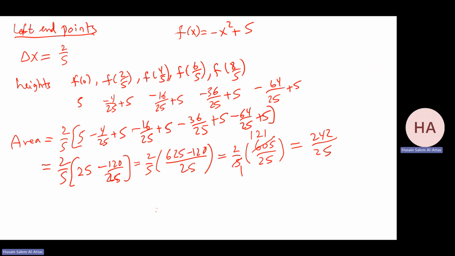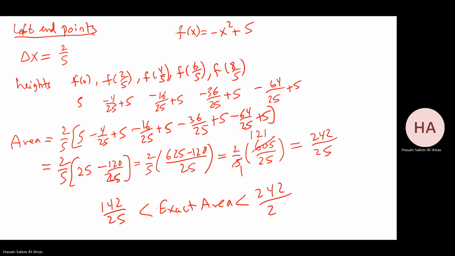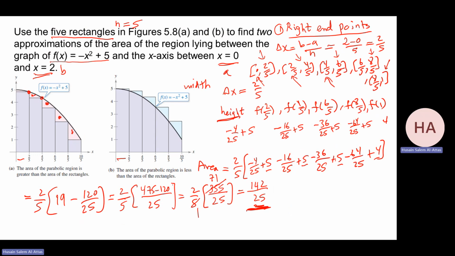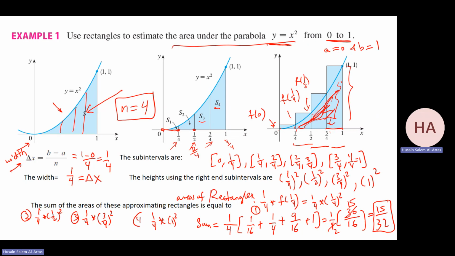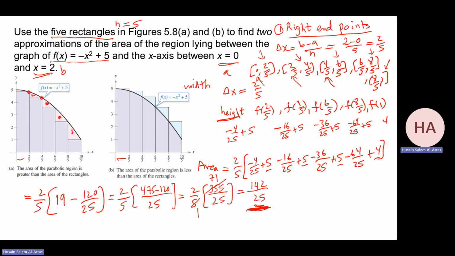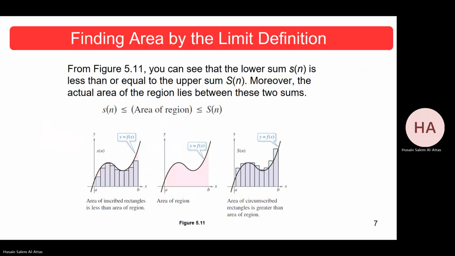So my exact area is between these two values. Notice in this case, the right endpoint will be lower than the exact. In this case, the left endpoint is more than the exact. Okay.